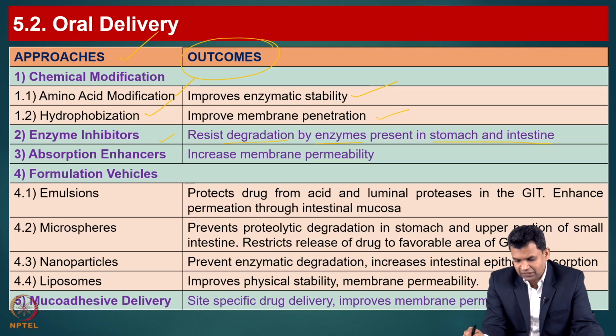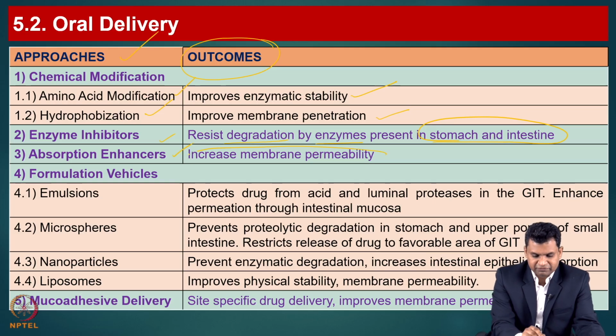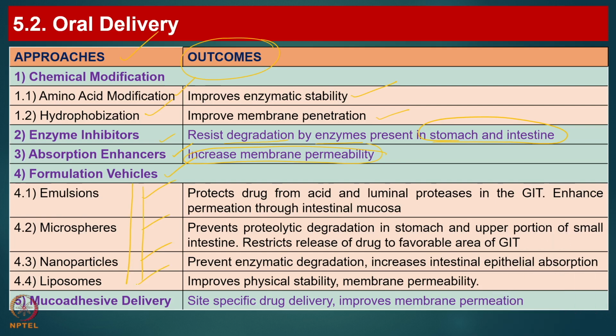We discussed already what type of enzyme inhibitors there are and how they work, and we will focus on the absorption enhancers and how they improve the permeability. Then we will focus on the formulation vehicles, that is emulsions, microspheres, nanoparticles, liposomes. This we already discussed in our weeks 2 and 3 on the various types of nano carriers.